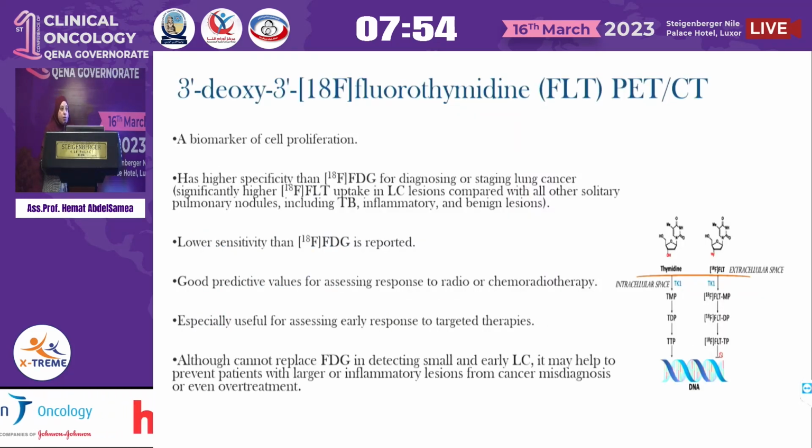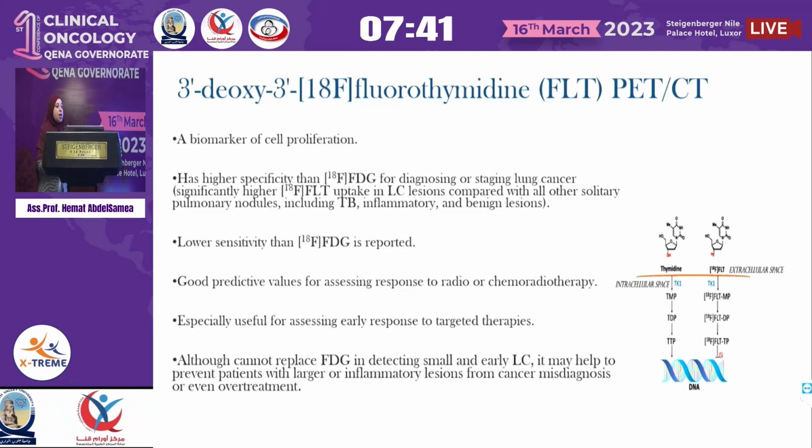Other tracers than fluorine-18 FDG are also used for the imaging of non-small cell lung cancer, including fluorine-18 fluorothymidine, FLT. It's a biomarker of cellular proliferation. It has higher specificity than fluorine-18 FDG, yet it has lower sensitivity.